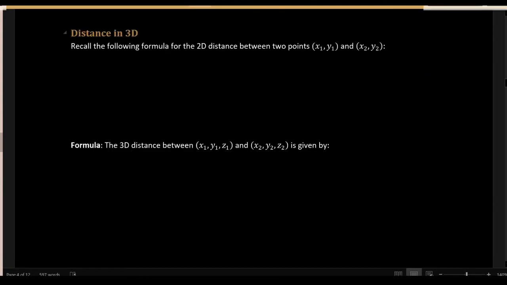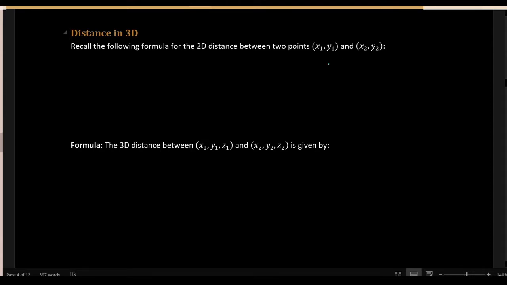Now, when you are considering 2 points in 3-dimensional space and trying to calculate the distance between those 2 points, you can use a formula that's very similar to the distance formula that we used when we were in 2 dimensions. So let's quickly recall what the 2-dimensional distance formula was.